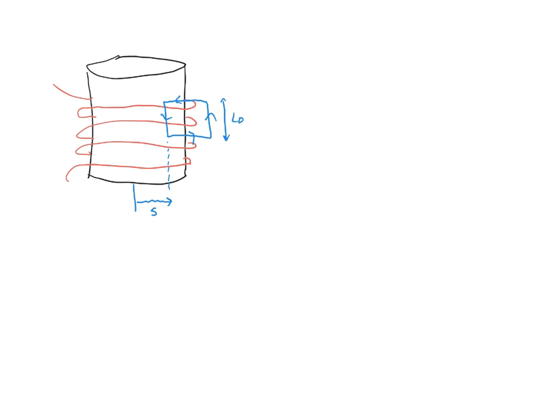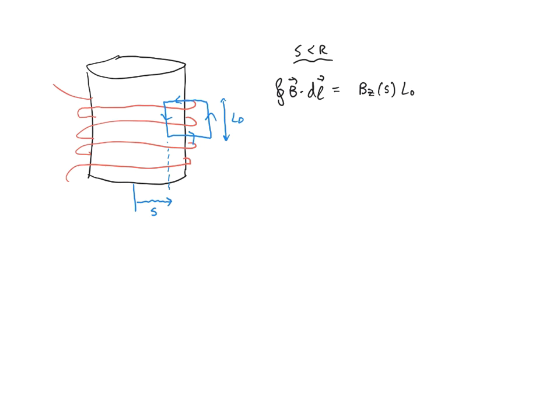Okay, so again, we use Ampere's law. This s is less than R. So we consider the line integral of the magnetic field. We know by symmetry arguments that this is just the z component of the magnetic field, which only depends on the radial distance, times L0.